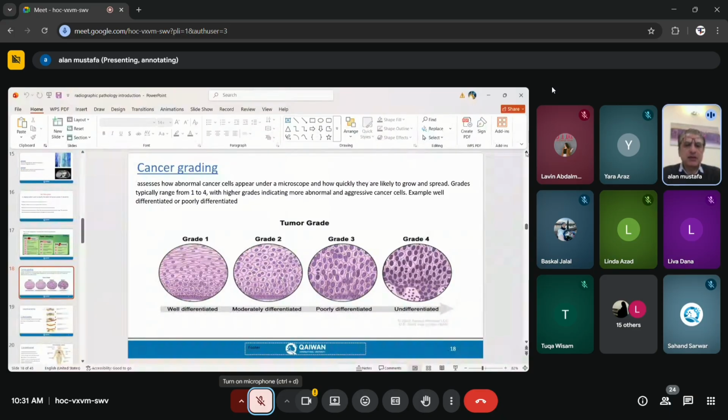They are still cancer, but they don't kill people as fast as the cancers in grade 4. So you have to know the grades. Grade 1 is well differentiated, we call it well differentiated cancer. Grade 2 is moderately differentiated, and so on.